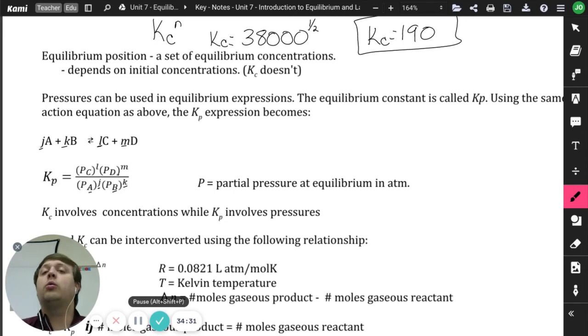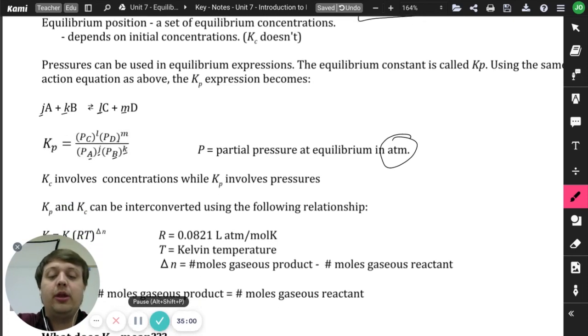When we look at each individual substance, each one contributes a pressure to the system, so P represents the pressure for each of those substances. This does need to be in atmospheres, so make sure you know how to convert if needed from kPa or mmHg.